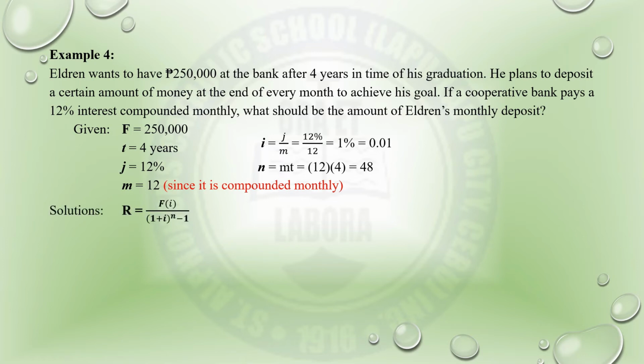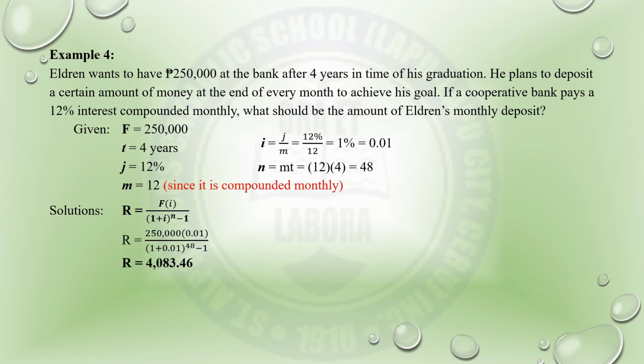So, use the formula to find the regular or periodic payment of the ordinary annuity, which is R is equal to F times I over 1 plus I raised to N minus 1. Then we substitute the values of the variables: 250,000 times 0.01 divided by 1 plus 0.01 raised to 48 minus 1.